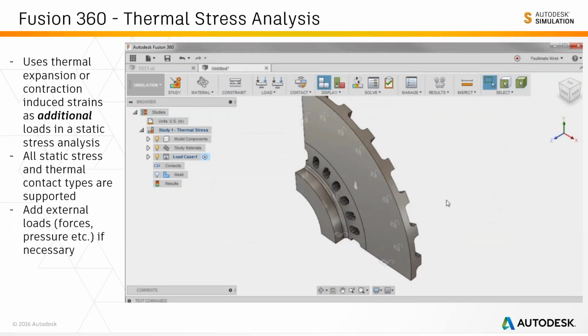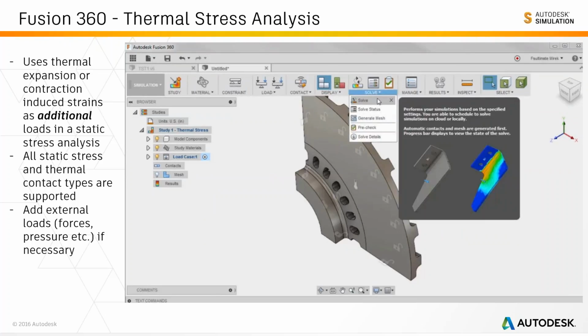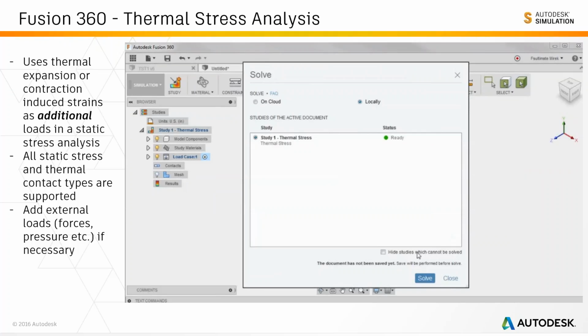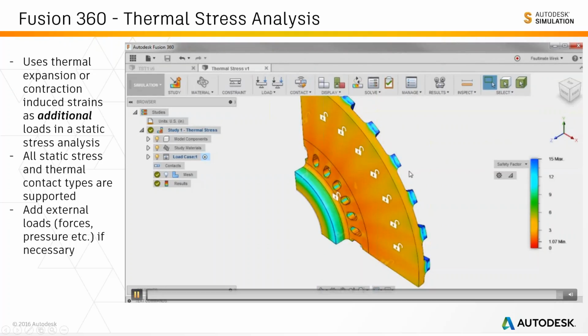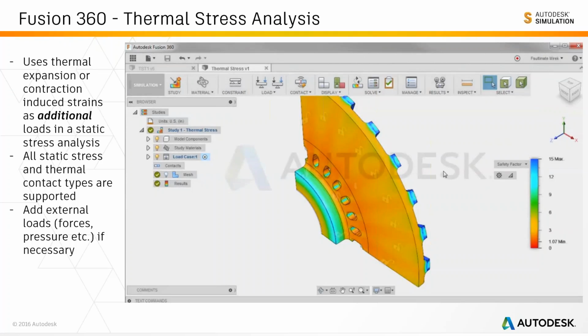Let's say model-based mesh, as a percentage of the model size, running the analysis, and downloading the results will let us look now at a safety factor of around just 1.1 at its minimum.